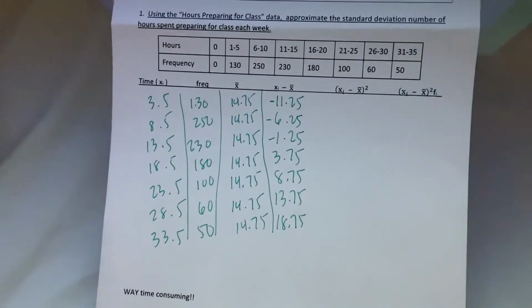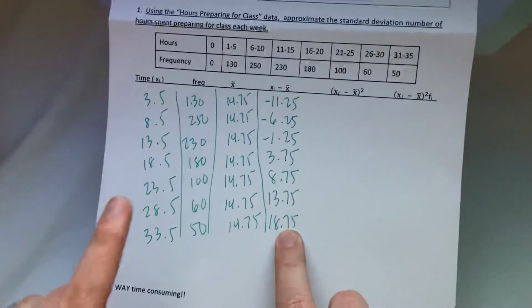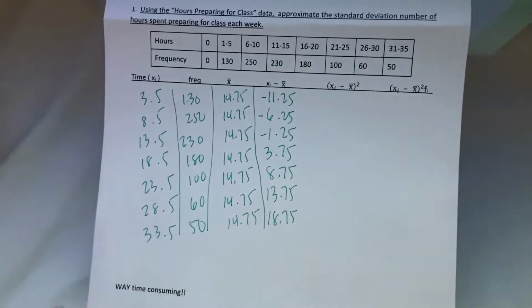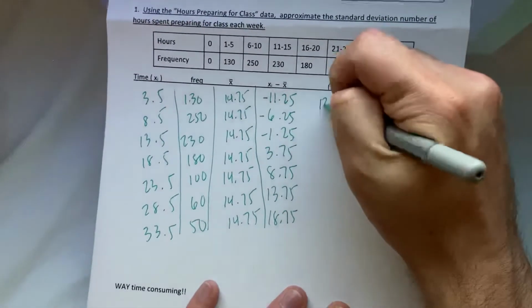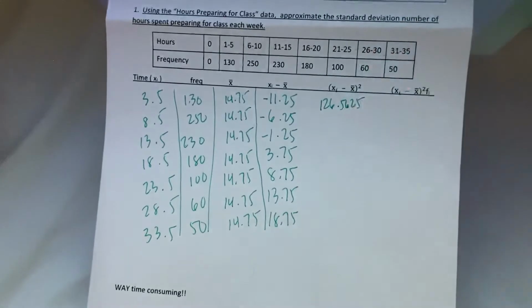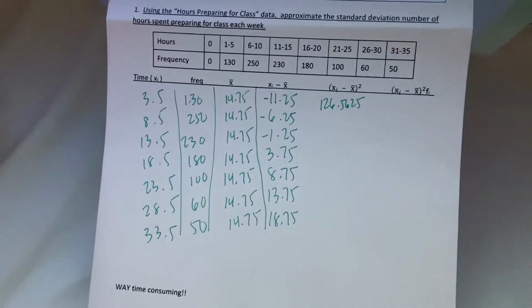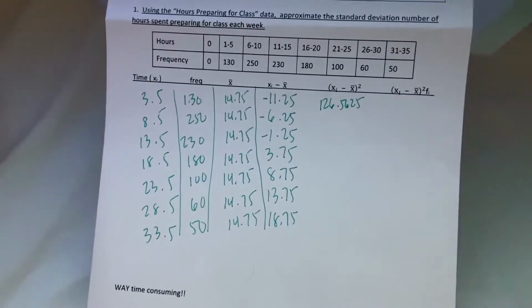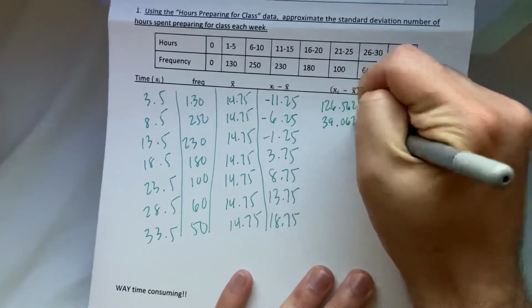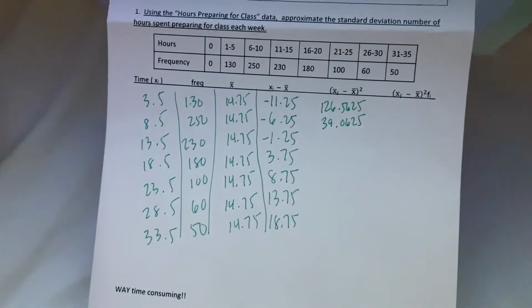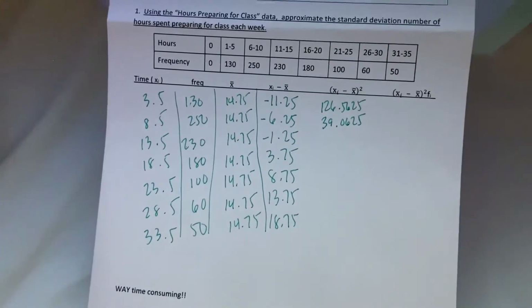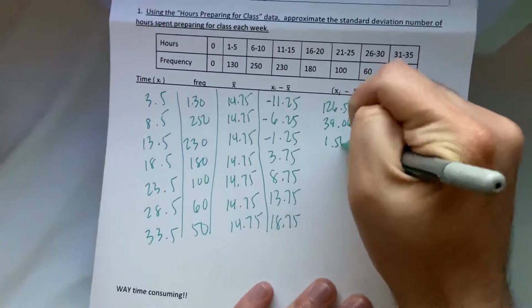Now I need to take those values and square them. Remember, to get this column, you take this one minus that one. I think it was slightly out of frame for a second there. So let's take 11.25 and square it. It's 126.5625. Do the same thing with 6.25: 39.0625. Same for 1.25: 1.5625.